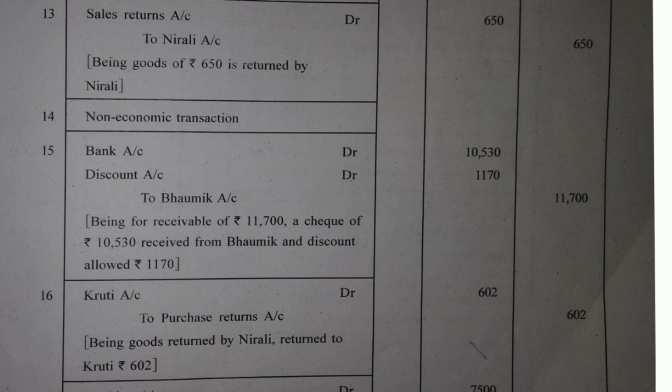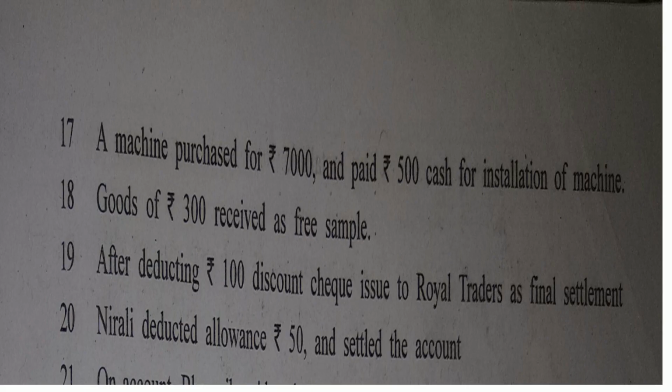But then on 13th of August, she is returning you goods of rupees 650. So out of 8,100, goods worth rupees 650 have been returned. So how much amount is now receivable from her? 7,450. And she is giving this amount on 20th of August after deducting allowance of rupees 50.